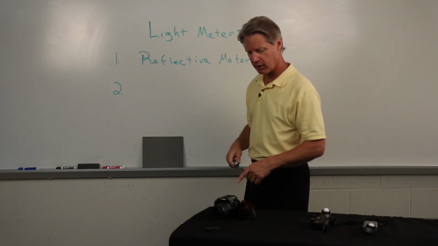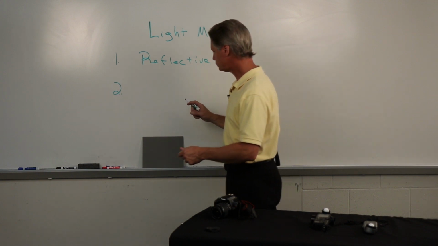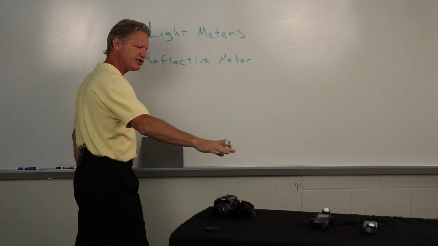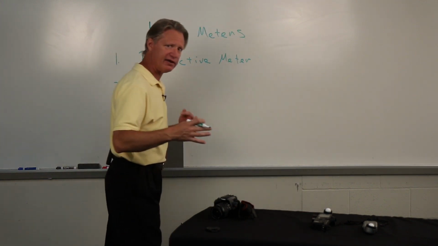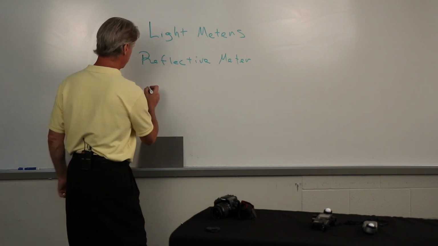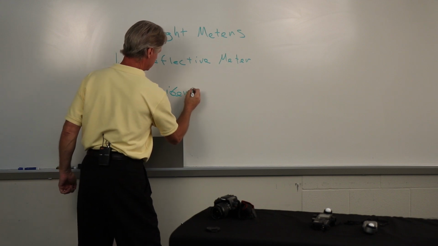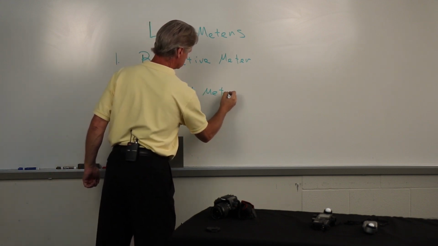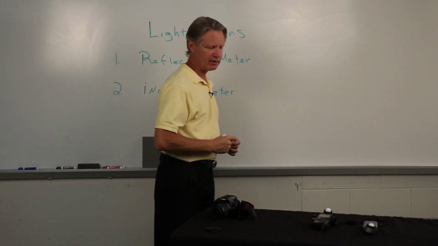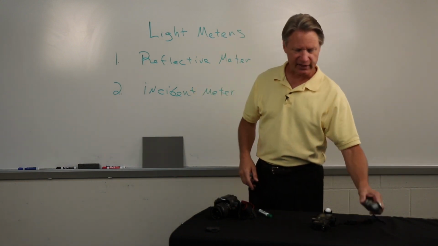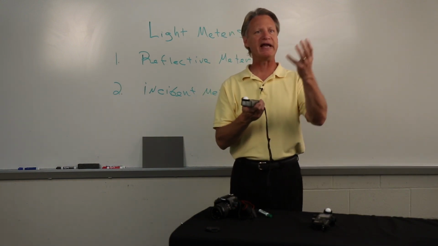Okay? There's a second way to measure light. And that's using one of these other meters called a handheld meter, okay, or an incident meter. Now I want you to think of an incident meter as simply like a rain gauge.